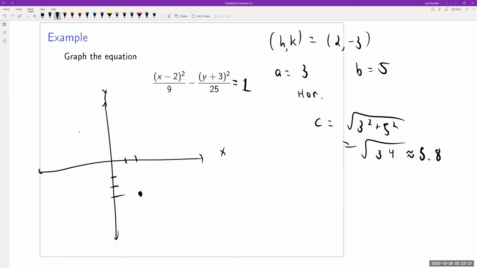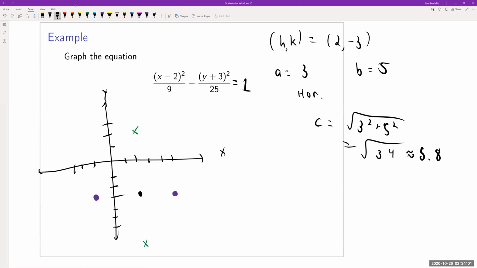Next, we will count in the horizontal and vertical directions in order to create our guide box. Horizontally, we're going by 3, and we're putting dots because that is going to be the real axis or the transverse axis. In the vertical direction, we're putting x's at a distance of 5, because if I was to solve for y, I would get an imaginary number.